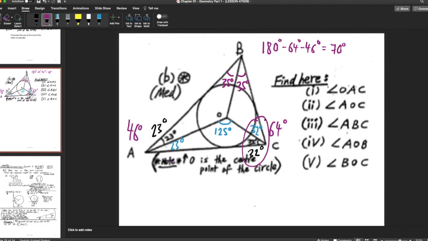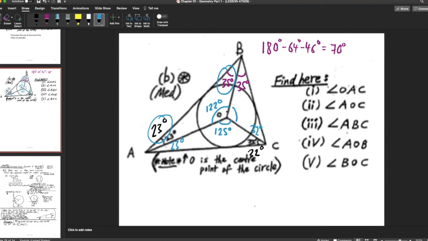So let's clean up that figure a little bit and talk about the inside. Over here we have another triangle, and this triangle has to add up to 180. So if we take 23 and 35 and this angle in here, those angles add up to 180. 23 and 35 is 58, and 180 minus 58 gives 122. For this angle over here, you could use 360 degrees, or you could use those two angles with 180.